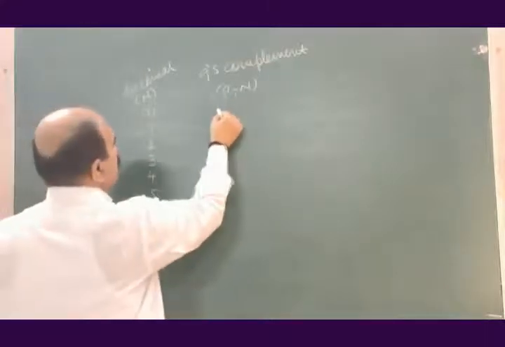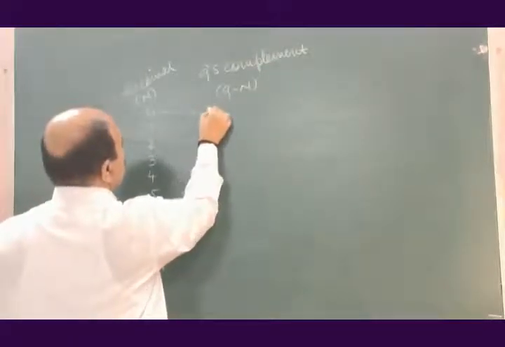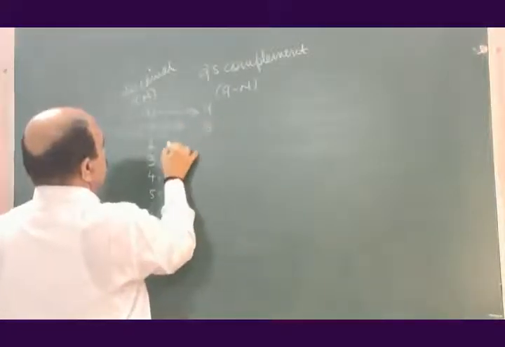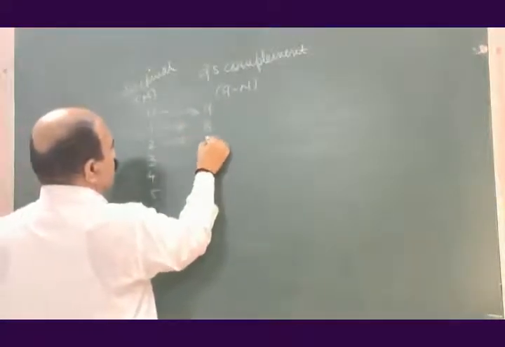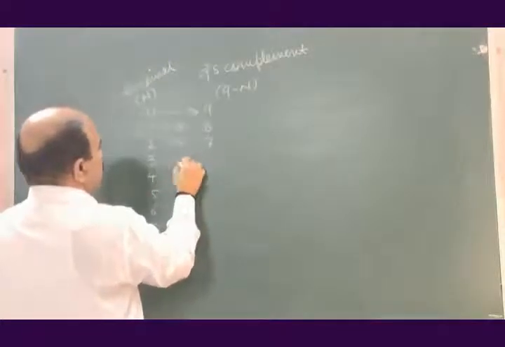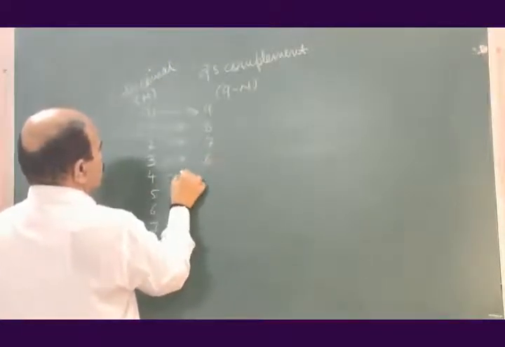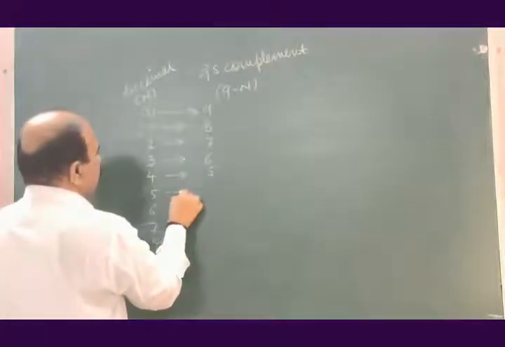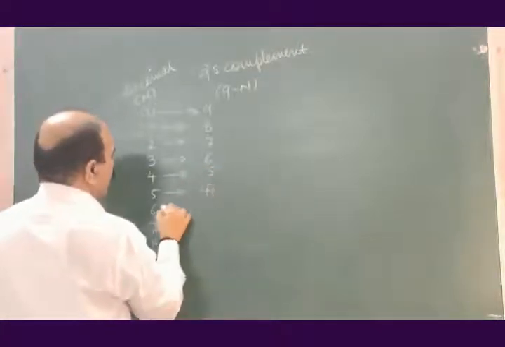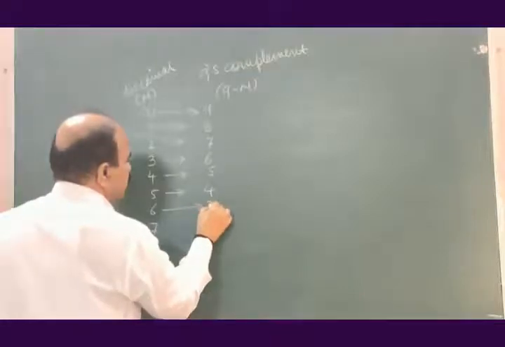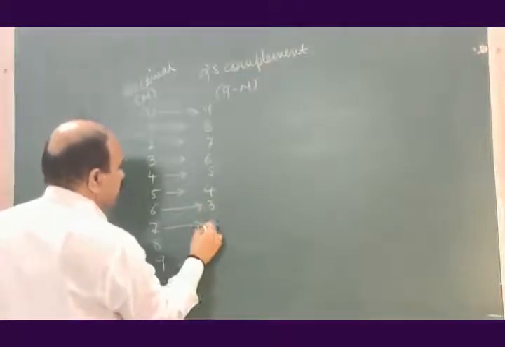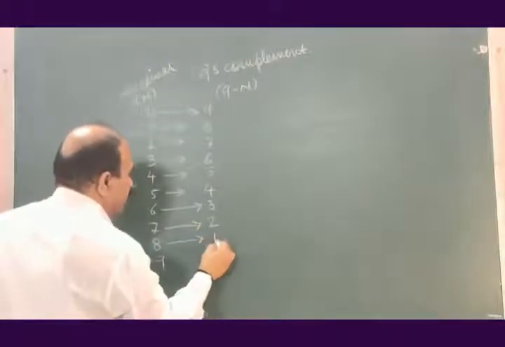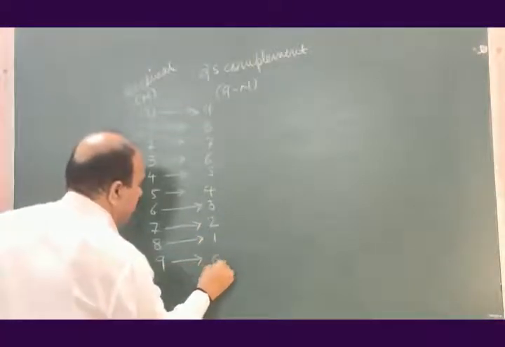So 9 minus 0, 9. 9 minus 1, 8. 9 minus 2, 7. 9 minus 3, 6. 9 minus 4, 5. 9 minus 5, 4. 9 minus 6, 3. 9 minus 7, 2. 9 minus 8, 1. 9 minus 9, 0.